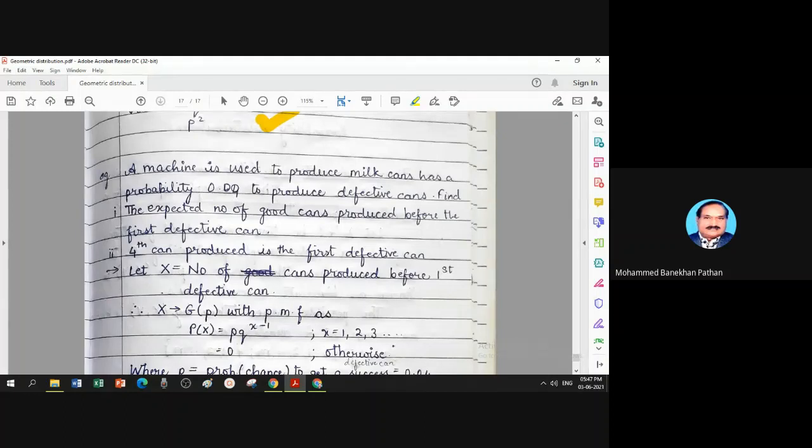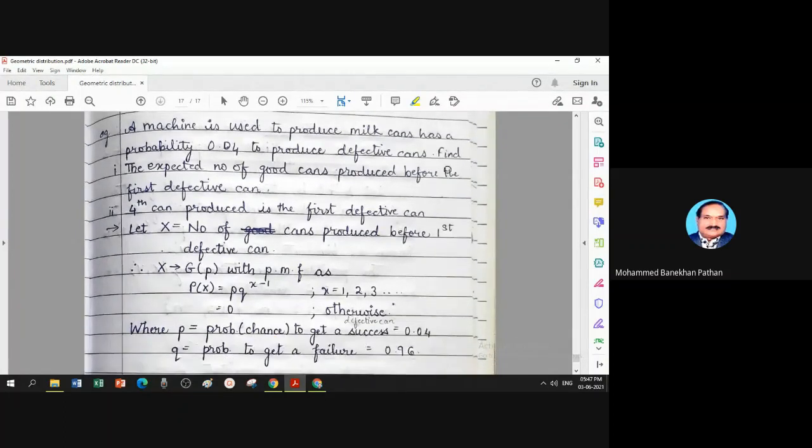That means 4% of the product is defective. Question: find the expected number of good cans produced before the first defective can.